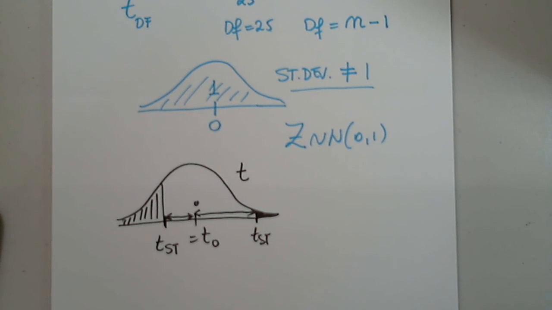So let's read: how far away the observed mean lies from the hypothesized value of the population mean. Correct. Because it's hypothetical, right? We don't have the population mean. We wish we did, but we don't.